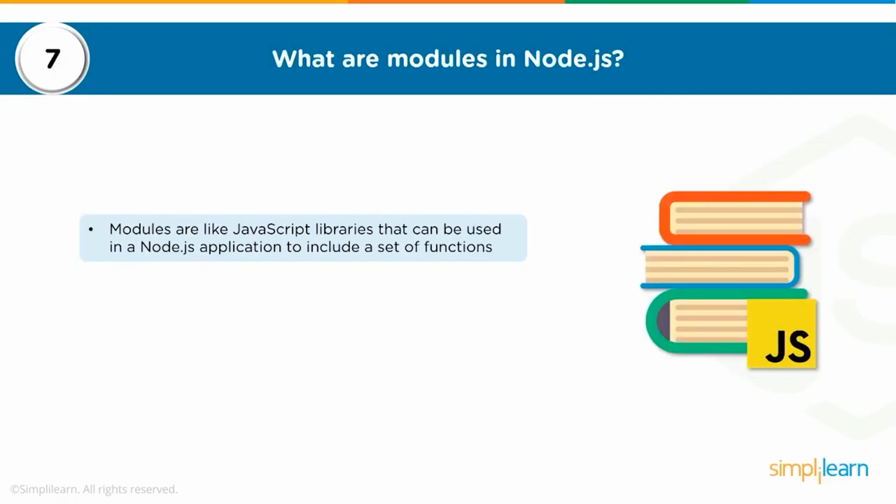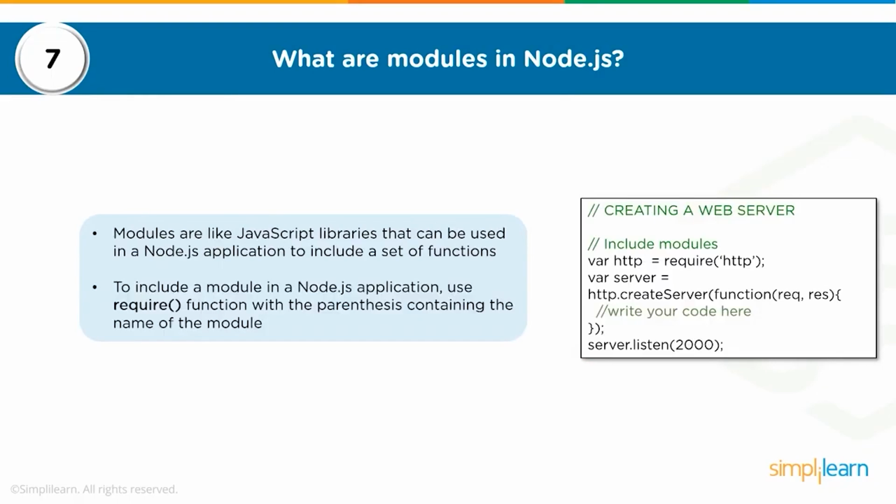So what are some of the modules in Node.js? Modules in Node.js are essentially like JavaScript libraries. You can think of some of the JavaScript libraries that you may have used. The functionality is somewhat the same, but they're designed for Node.js and to run on the server. There are ways in which you can create some of those modules. For instance, if we're creating a web server, you can use the require command to require that the server be there.